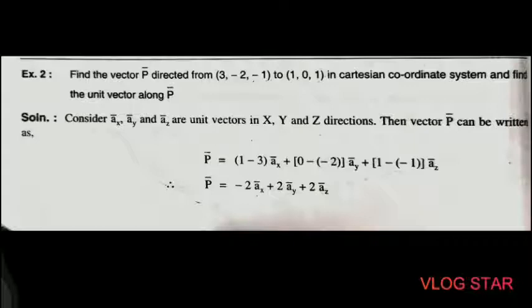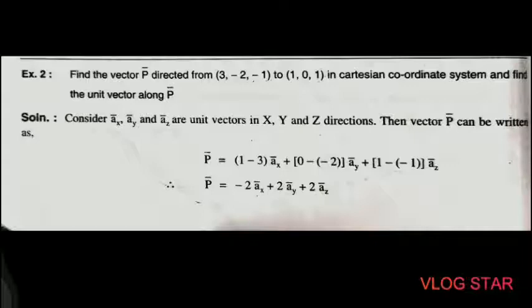So we can say that (3, -2, -1) is the starting point location and (1, 0, 1) is the ending point location. Whenever we want to calculate the vector p bar, we have to just subtract: ending point minus starting point.